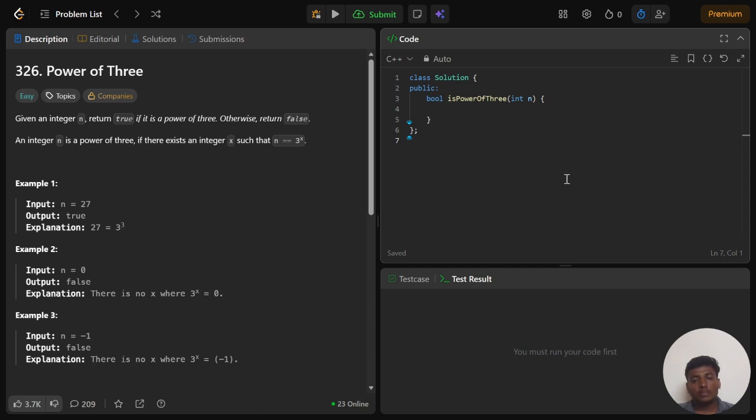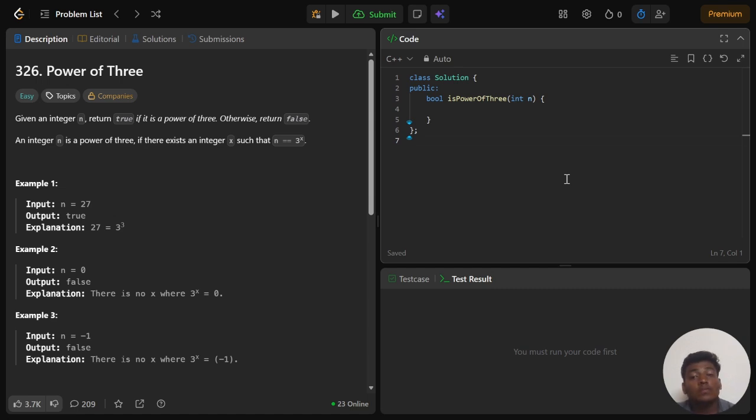So in that case we will return false, and otherwise we will check if 3 raised to 19 remainder n equals 0. If the remainder of the division is 0, then we can say that n is a power of 3.